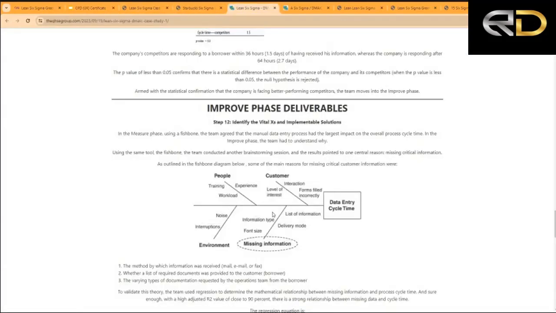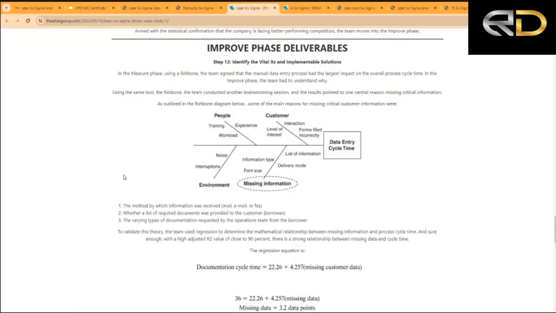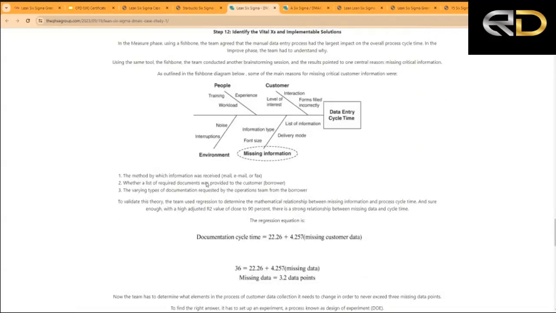Here you can see that missing information can be caused by three things: the method by which the information was received, whether a list of required documents was provided during application, and the varying types of documentation requested by the operations team. As you can see, these days no one is using fax anymore.